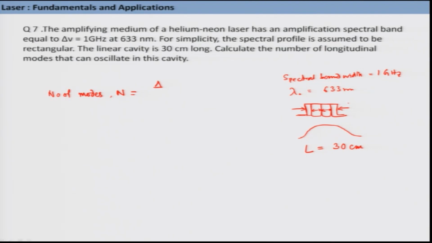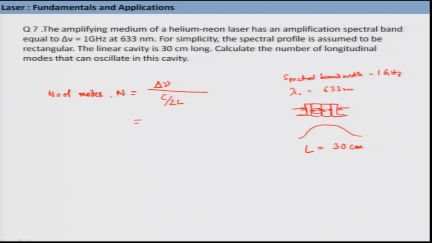So, now if we know this gap, then I will find out how many modes we can fit within this envelope. So, the bandwidth is given as delta nu, and this gap between two modes is c by twice L, correct.